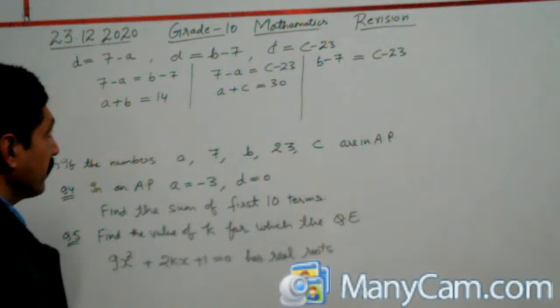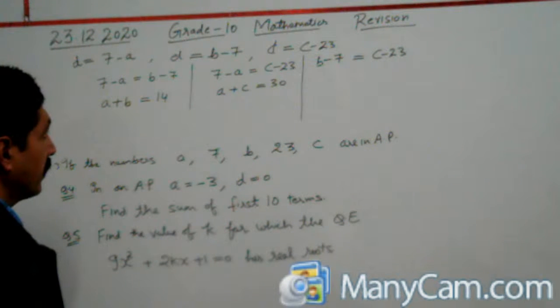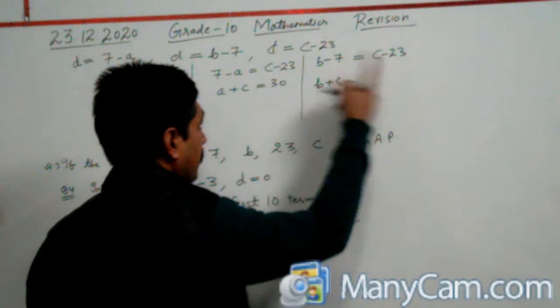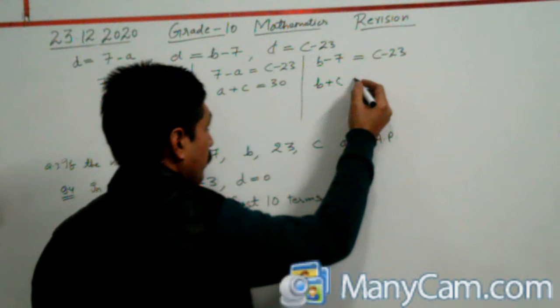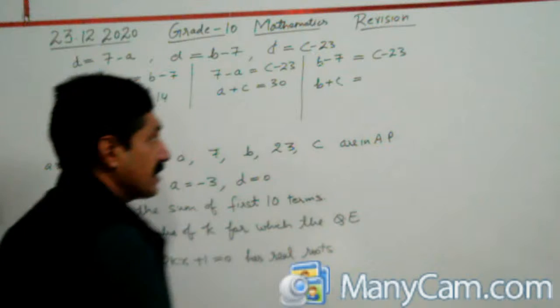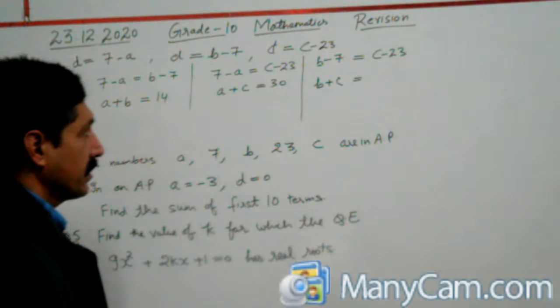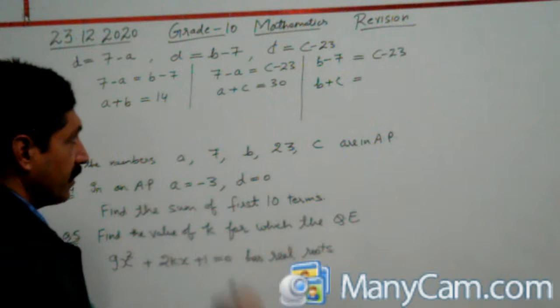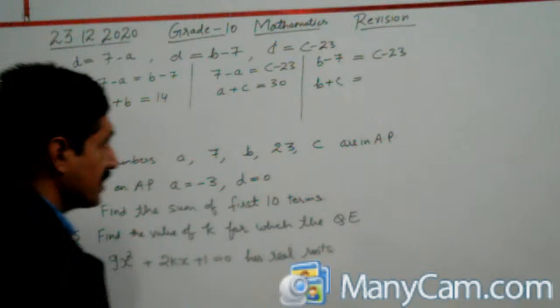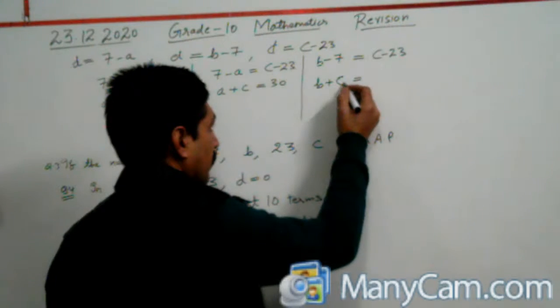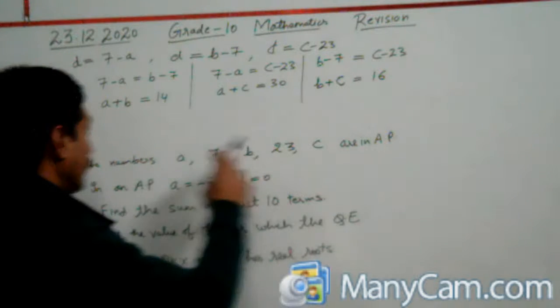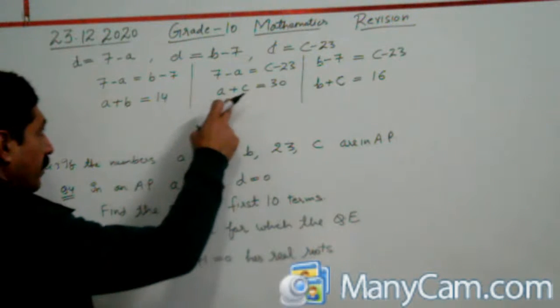Let me check here, that is 30, and here we have B plus C, B plus C is equal to 23 minus 7. So 23, here it is positive, and so here we have 16, right? So these three things we have, that A plus B 14, A plus C.